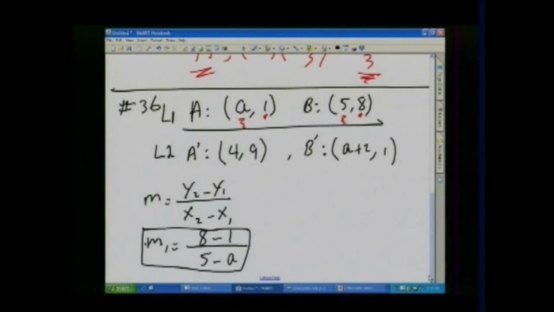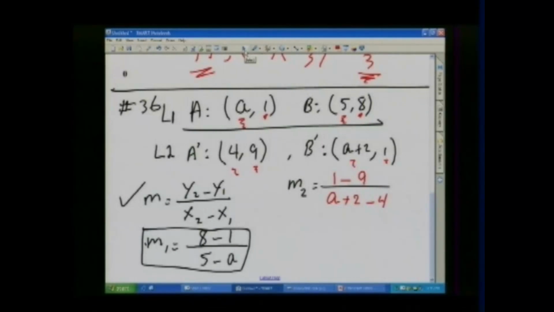The slope of the second line, let's call it m2, is equal to, again, using the same formula, y2 minus y1. In this case, y2 is 1, y1 is 9. So it's 1 minus 9 divided by x2 minus x1, which is a plus 2 minus 4.